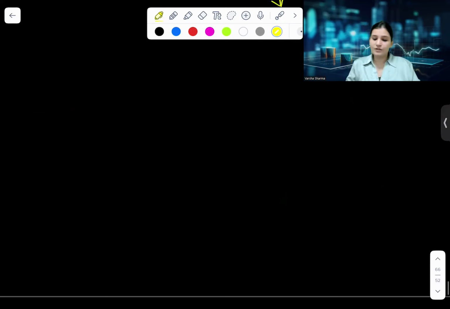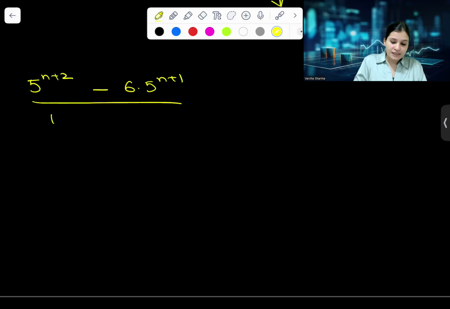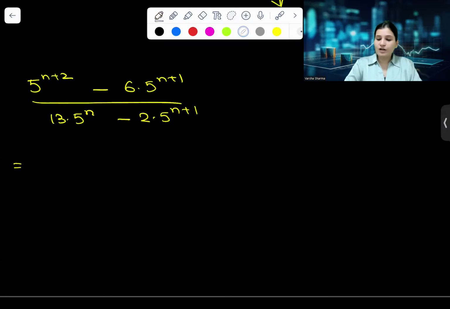Now, same thing we are going to do here. 5 power n plus 2 minus 6 into 5 power n plus 1, upon 13 into 5 power n minus 2 into 5 power n plus 1. So let's divide all the powers.